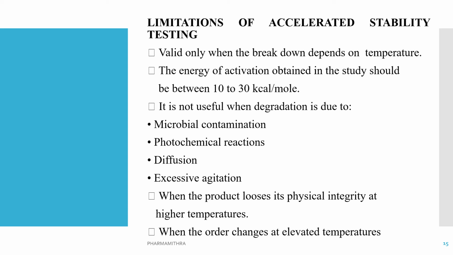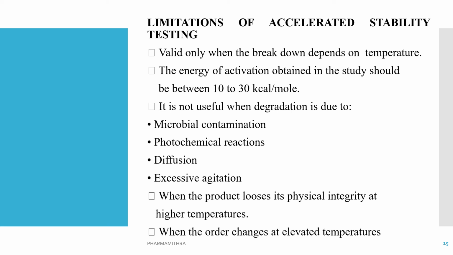Next we discuss the limitations of the accelerated stability study. The main thing is that this is valid only when the breakdown depends upon temperature, and normally the energy of activation is between 10 to 30 kilocalories per mole.